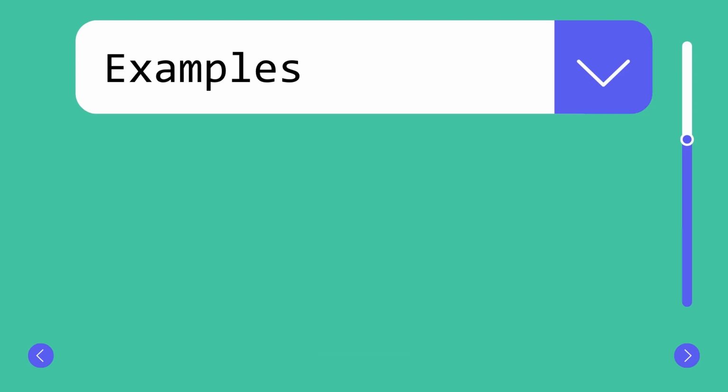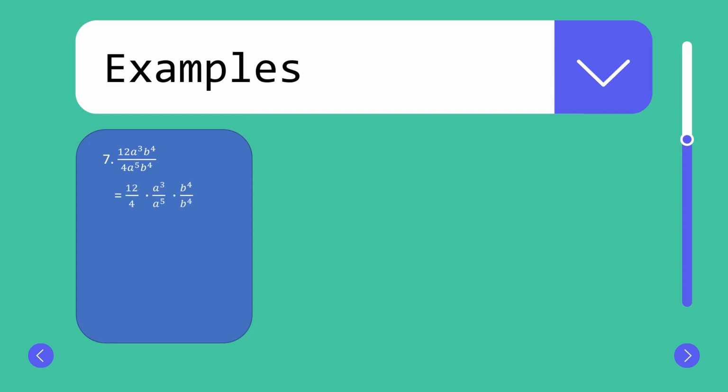We have here our next example, 12a cubed b raised to 4 over 4a raised to 5 b raised to 4. For this one, the first thing that we should do is to separate the example by like terms. So this becomes 12 over 4 times a cubed over a raised to 5 times b raised to 4 over b raised to 4. And then we apply the quotient rule. 12 over 4 will become positive 3.